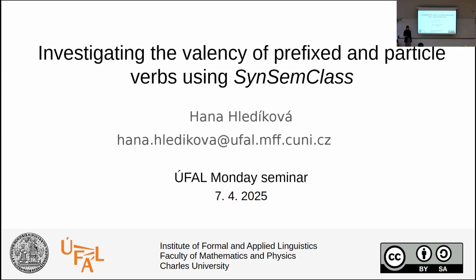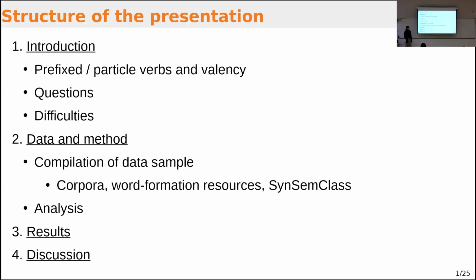So the goal of the research that I'm going to present is a cross-linguistic comparison of this phenomenon using the available data. So I will first introduce the topic, and I will show why prefix and particle verbs are interesting in terms of valency and what kind of specific questions they raise.